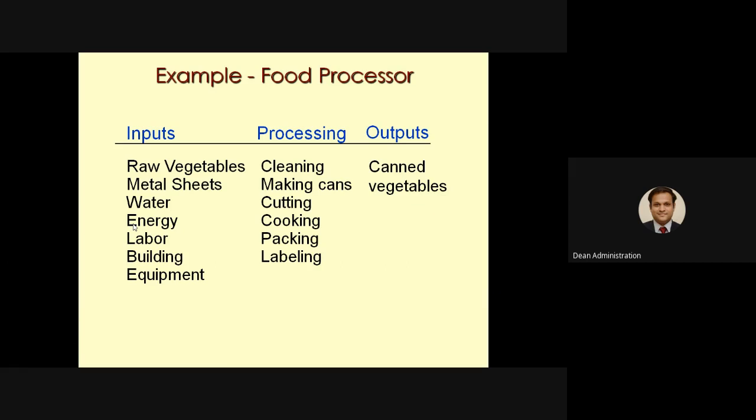What is the process? The processing is anything related to processing the raw materials: cleaning the vegetables, making various cans, cutting the vegetables, boiling the vegetables, packing them, labeling them. These are all the various steps.